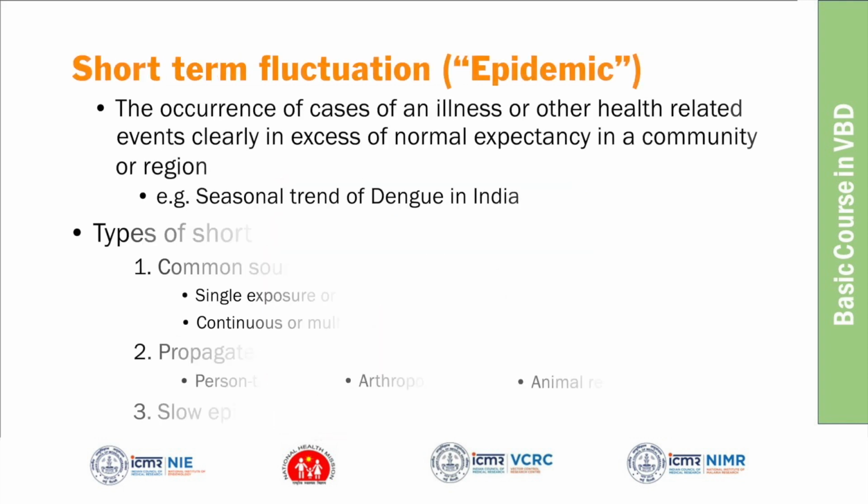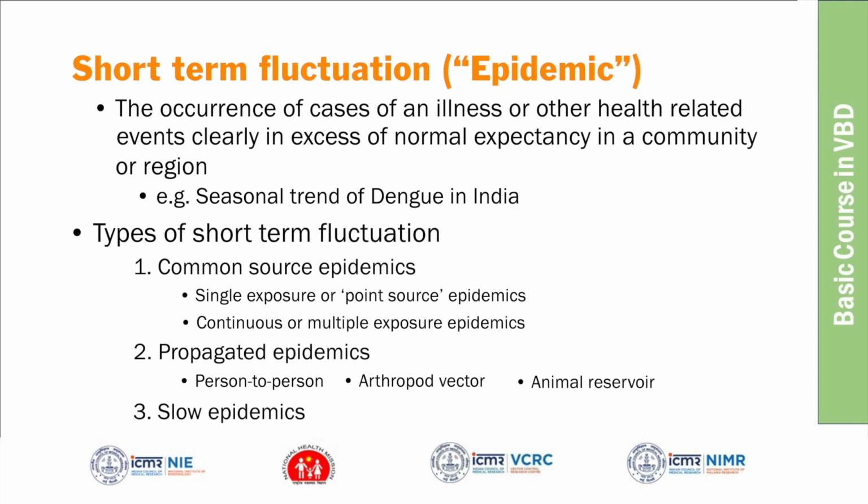First one is short-term fluctuation. In other words, it can be called an epidemic. What is epidemic? It is the occurrence of cases of an illness, say like dengue or malaria, whatever, you can replace in the appropriate places, or other health related events clearly in excess of normal expectancy in a community or region.